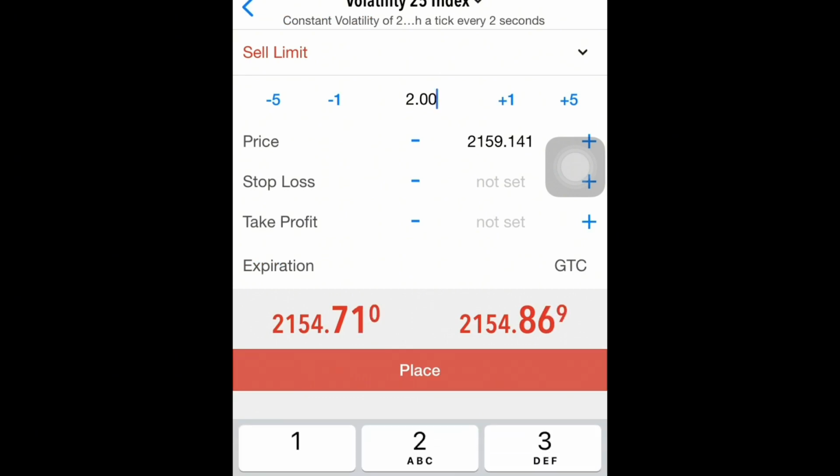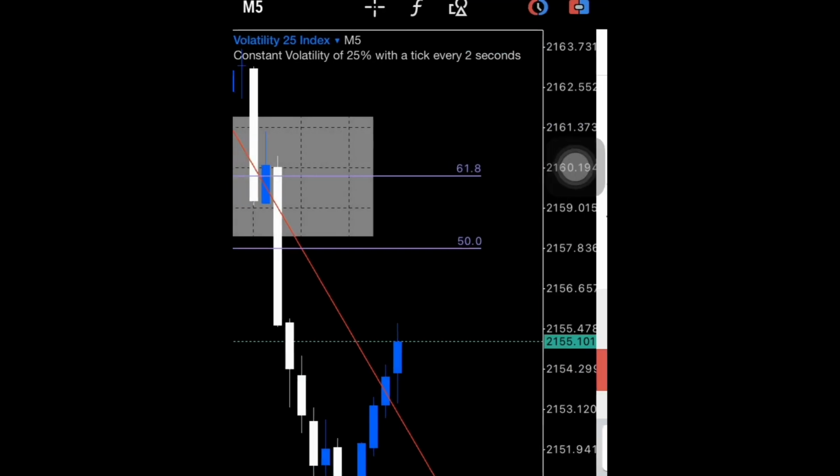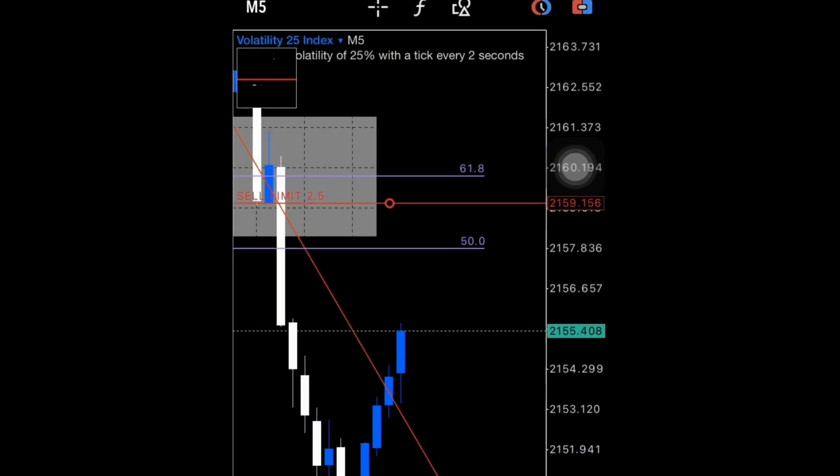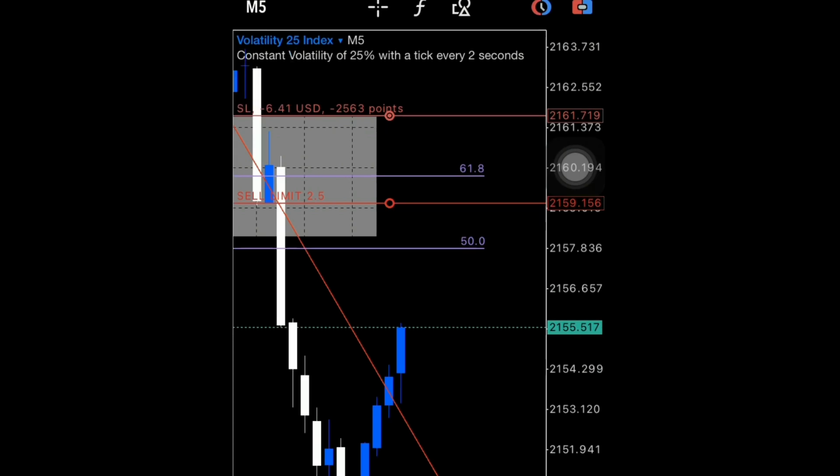Okay, so let me make it 2.5. So I go back, drag it, position it at the tip of the order block, then the stop loss will go above this, a couple of pips above this one. Okay, so I make it 6.